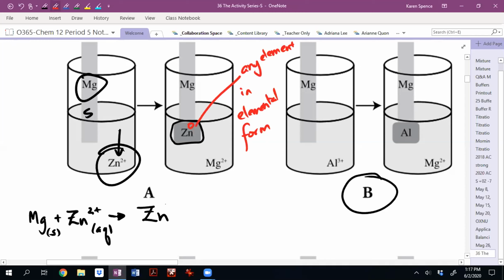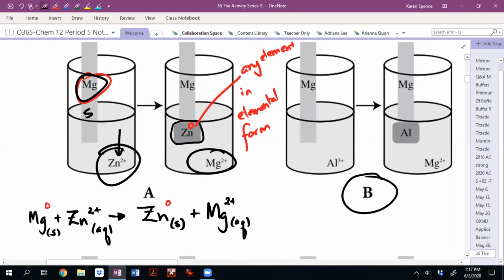So this is going to be zinc 0. And in fact, we started with magnesium over here in its elemental state. So that was magnesium 0. Okay, and that is zinc solid. We actually have some solid zinc forming on the outside of the magnesium strip. And in the solution, we now have Mg2+ ions, and that will be aqueous now, okay?